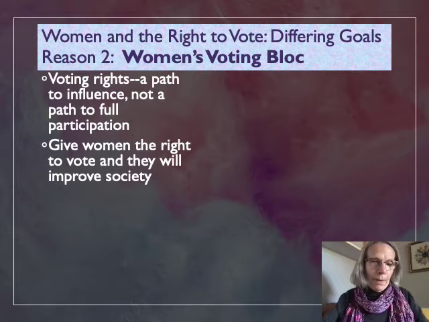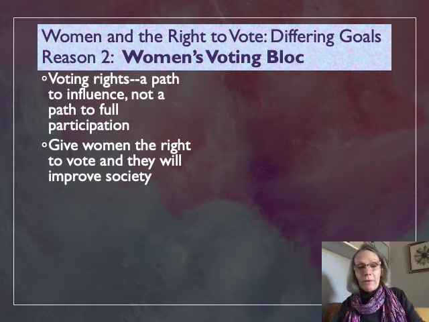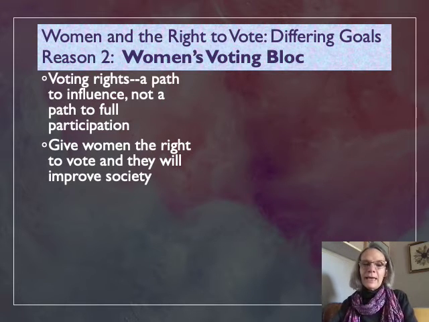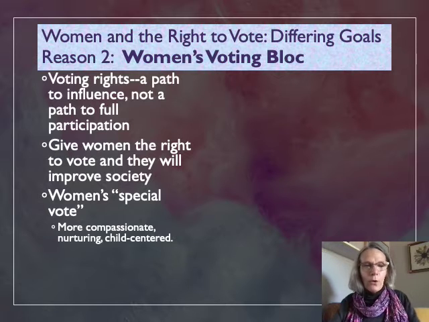It's only men's qualities that are brought into the political process. But if you give women the right to vote, then women can bring their special capacities into the political process. And they viewed this as a way that if you let women vote, society will actually be improved, right?